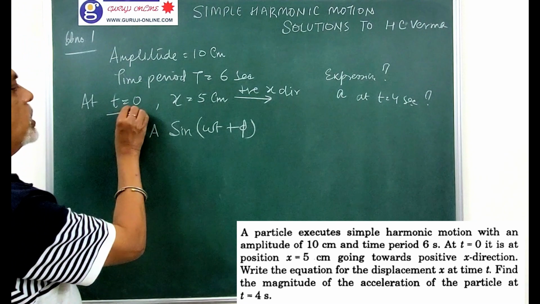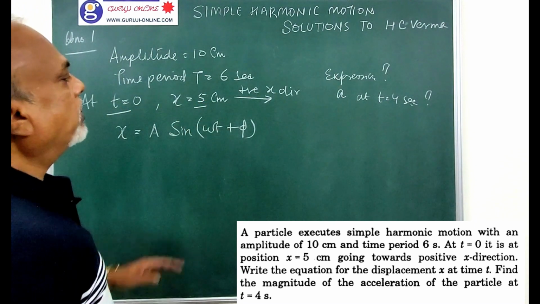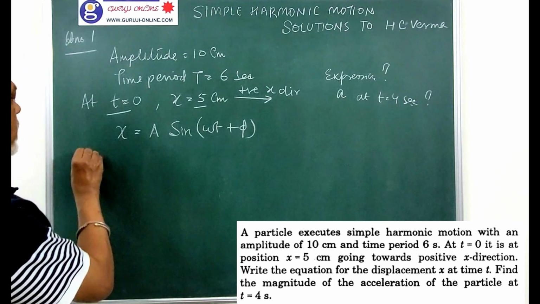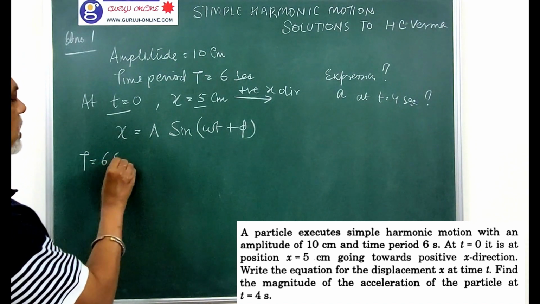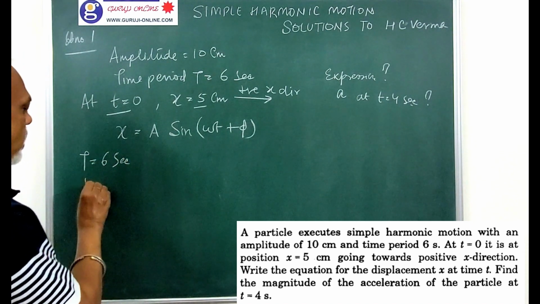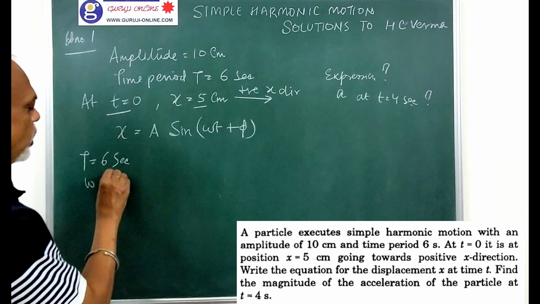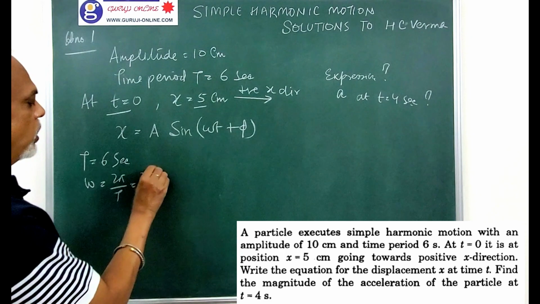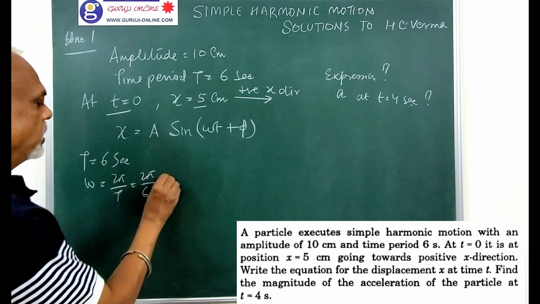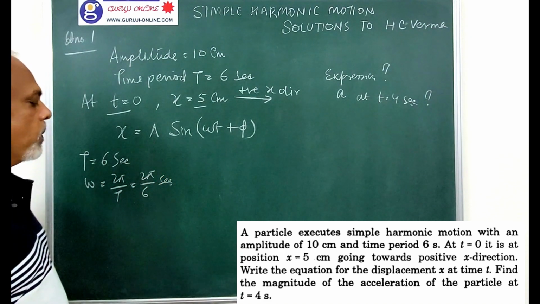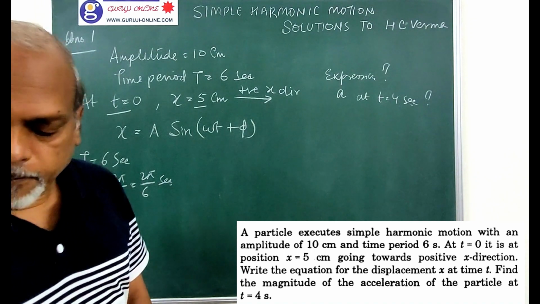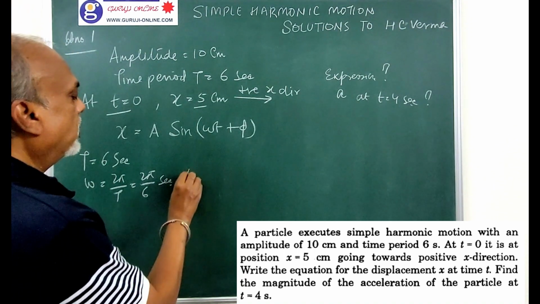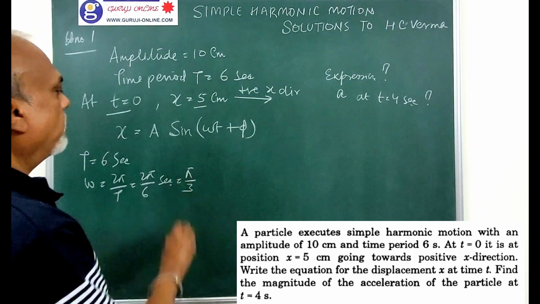At t is equal to 0, x is equal to 5, and time period is T. So time period is 6 seconds. So our omega is nothing but 2 pi by T, and that is 2 pi by 6 seconds. Correct? And this we can write as pi by 3.